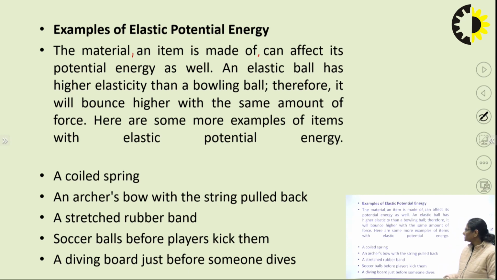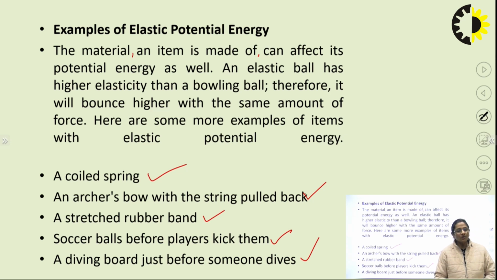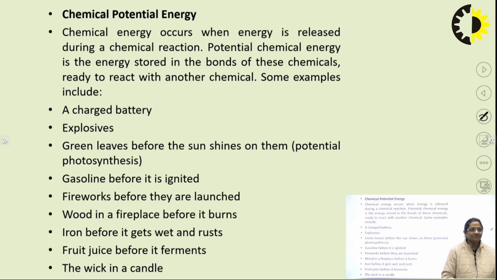Here are some more examples of elastic potential energy. A coiled spring possesses elastic potential energy. An archer's bow with the string pulled back is an example of elastic potential energy. A stretched rubber band, soccer balls before players kick them, a diving board just before someone dives. They all are examples of elastic potential energy.